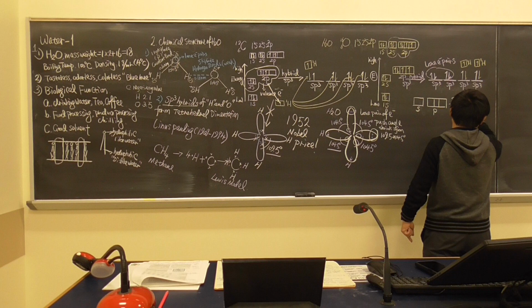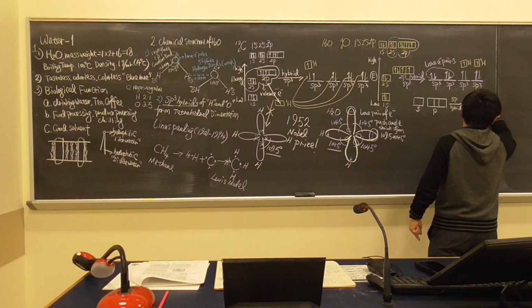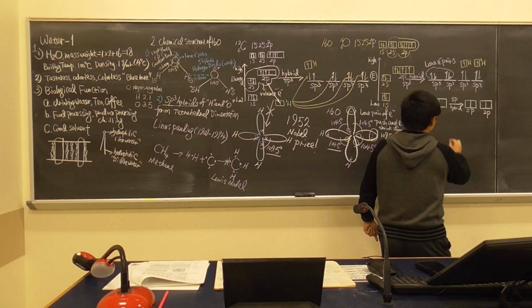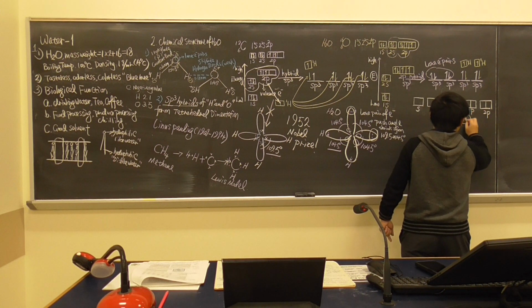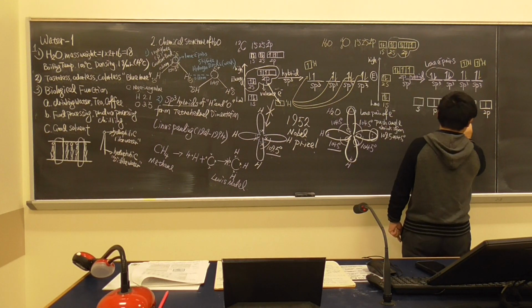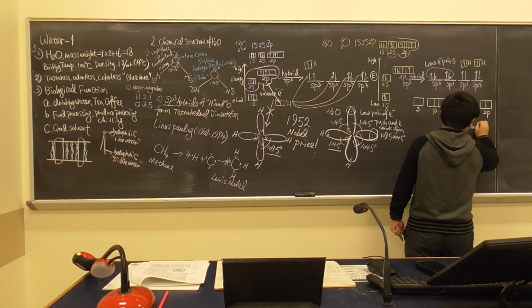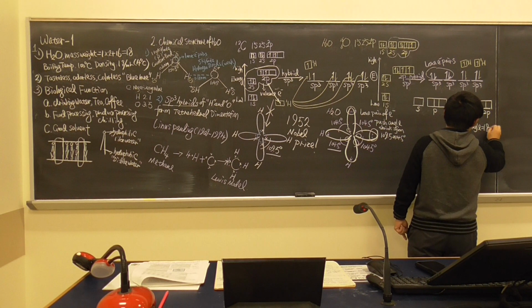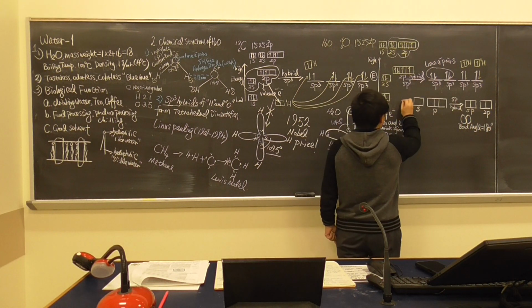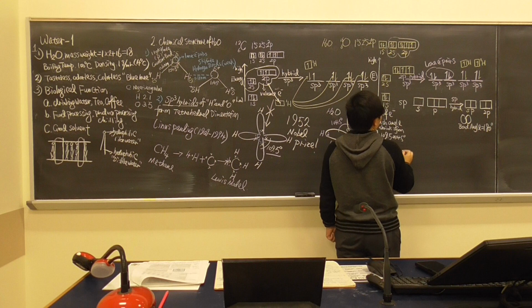Very simple. This is S, this is P, and we have 2P here. So what does it look like? Like a beam, like two beams connected together. So what's the bond angle? 180 degrees. Very simple. That's SP hybrid.